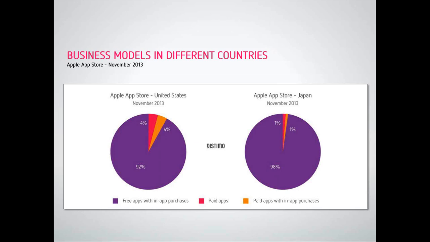And there we, of course, also see the same trend, but the percentage of in-app purchases from free apps is not that high when you compare it with a more Asian market like Japan, the biggest market there. That shows, again, the 98%. So we see that the Western markets still give a little bit of a chance to the paid apps, whereas in the Asian markets, this portion is relatively way smaller.